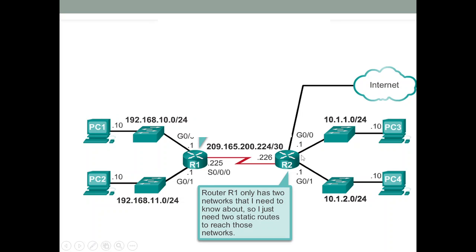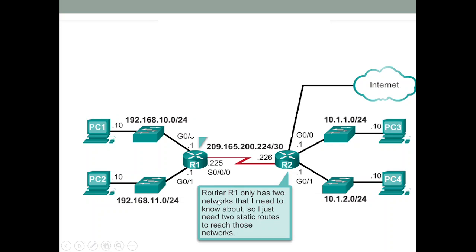So I can conclude that this network here is remote to router 1. And this is another remote network to router 1. Remember, a remote network is a network that is not directly connected to a router. I hope that one is very clear.